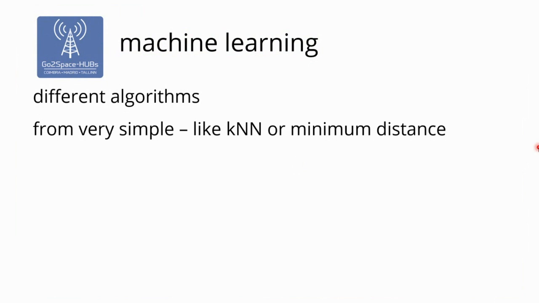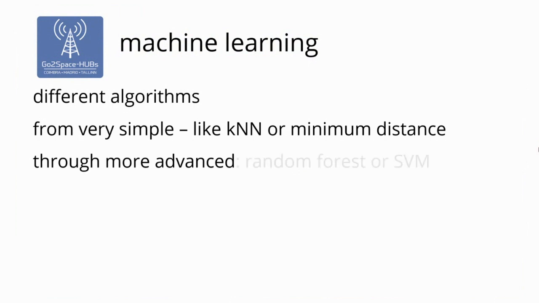It's easy to understand how it works, but it's not always the proper way to use it. But there are much more advanced algorithms like random forests or support vector machines, SVM. They are much more effective. Based on smaller learning data, they might provide us with much better results.